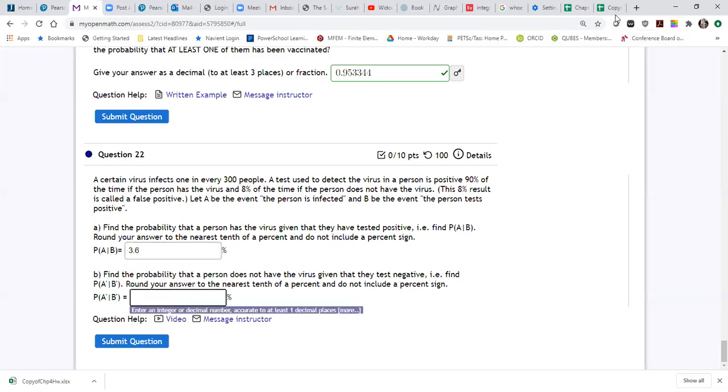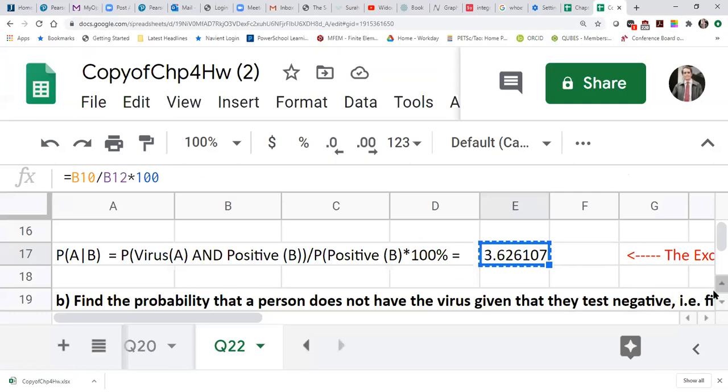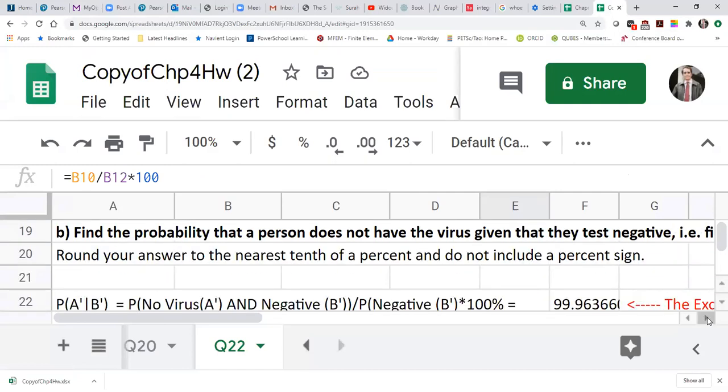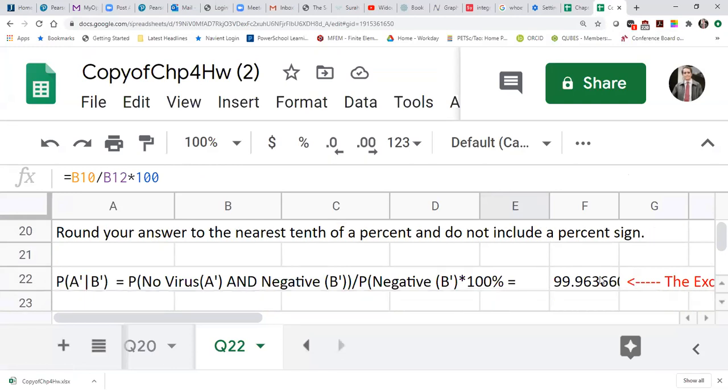And for part B, the answer will be down here. This one is no virus and negative, given negative. So you have to divide no virus and negative by negative. You can see this is 11 divided by 12.